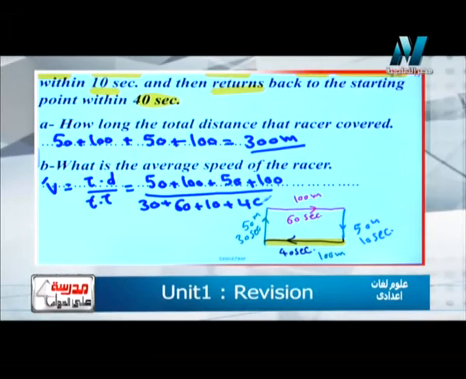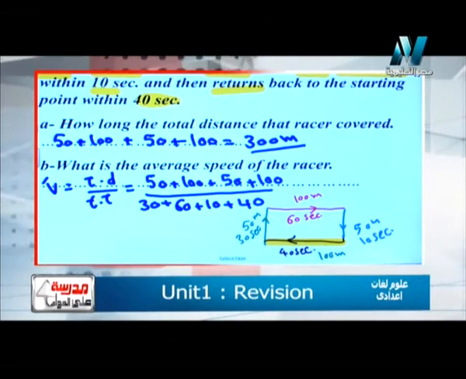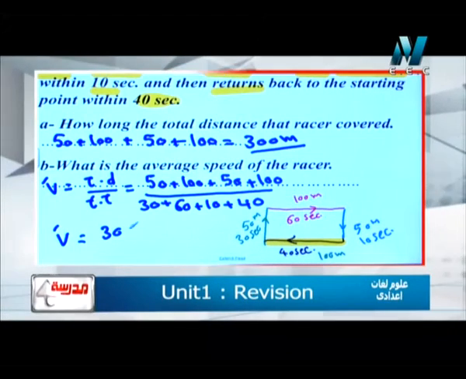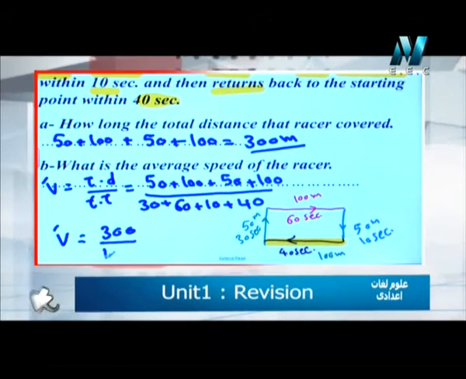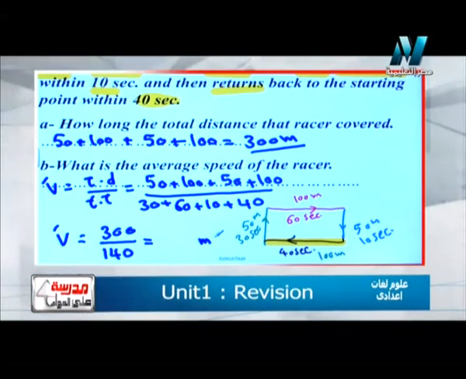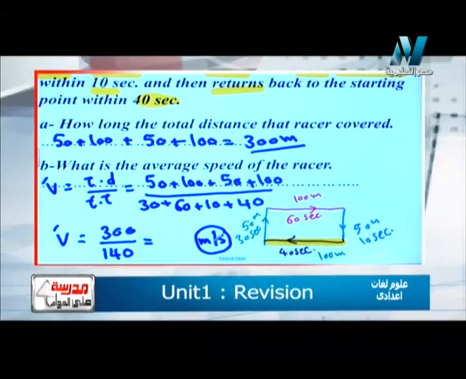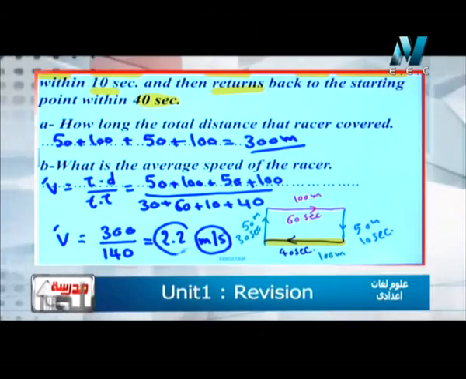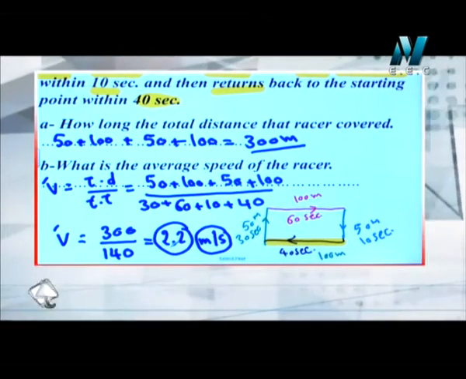From the graph, where did I get this? From the graph, or consider it a draft. So average speed equals 300 over 60 plus 30 equals 90, plus 10 is 100, plus 40 is 140. By calculator we can find the number, and the measuring unit is meter per second. I think it's about 2.2 meters per second, a number close to that. So here we can find the average speed as total distance covered over total time taken.